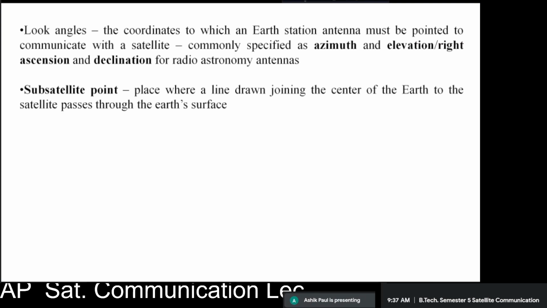Now, the look angles in case of satellite communication are usually the coordinates to which an earth station antenna is pointed. By the way, by an earth station we mean the receiving antenna system as well as the transmitting antenna system.